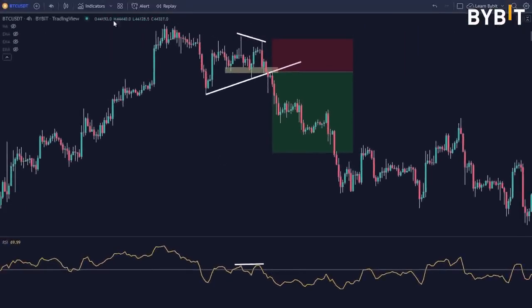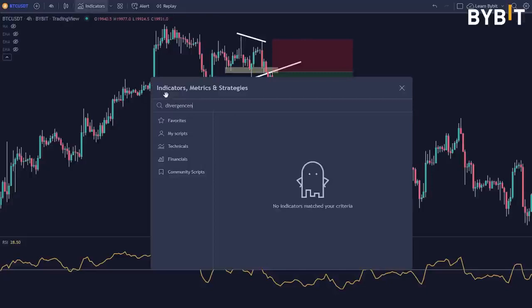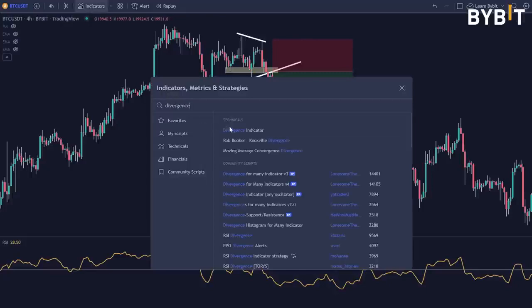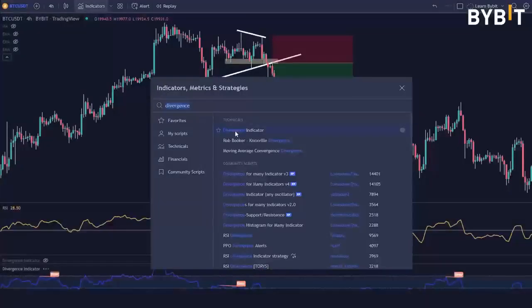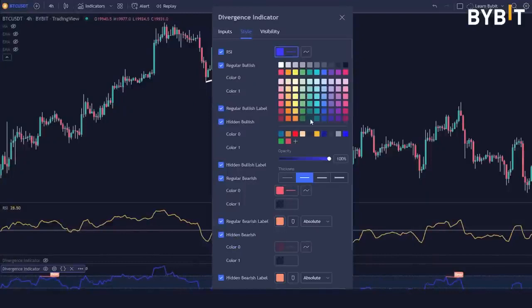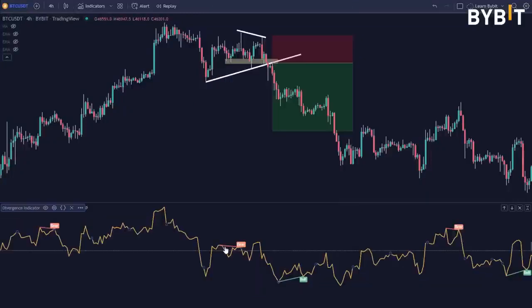So there's another tool that I want to share with you. If you come up into indicators, type in divergence. So it's this divergence indicator. What this divergence indicator can do, every time there is bearish divergence, remember we highlighted this before, bearish divergence, here's bullish divergence.